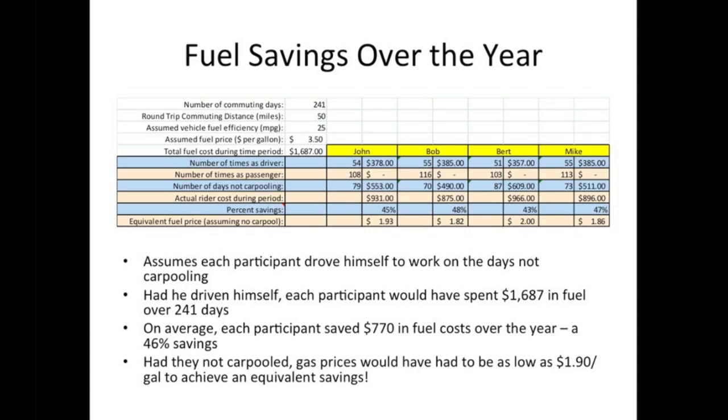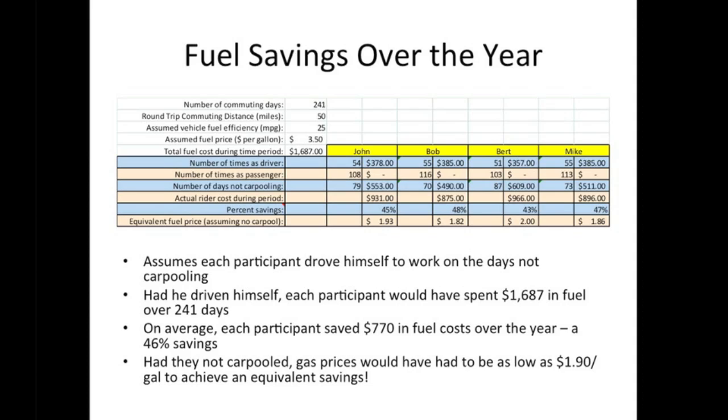And had each person driven himself, the total fuel cost during that time would have been $1,687 over those 241 days. But because of the passenger time in which you got to ride for free, each of us saved about $770 in fuel costs over the year. That's about a 46% savings.